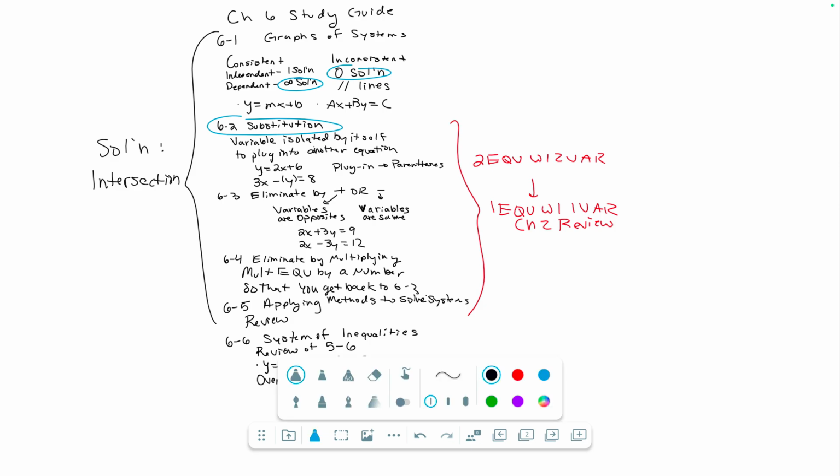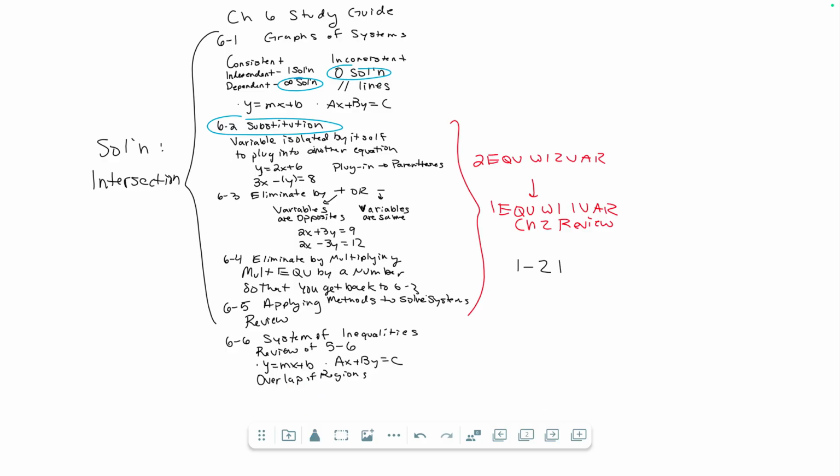All right. So the problems, your goal should be to get at least half of these done before class tomorrow. 1 through 21 on page 383. 1 through 4, those are the only ones you have to graph. I want you to classify the system.